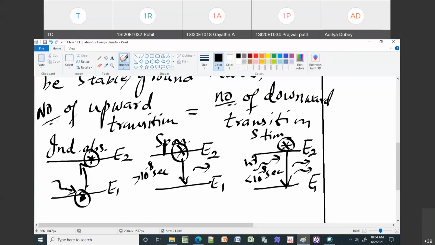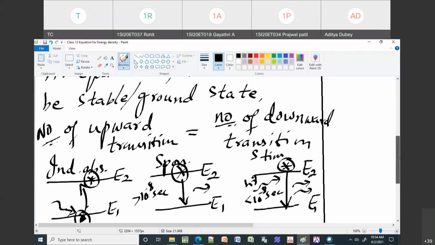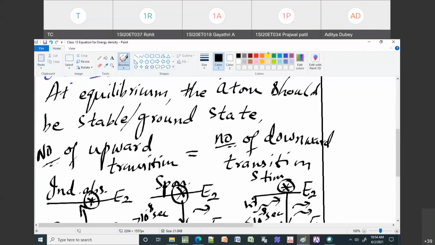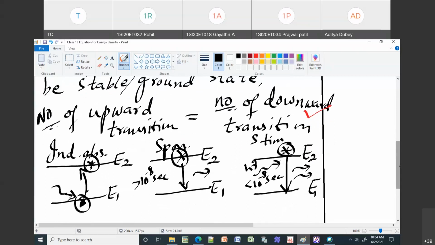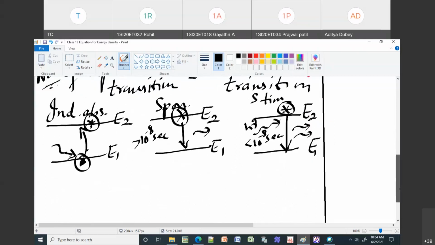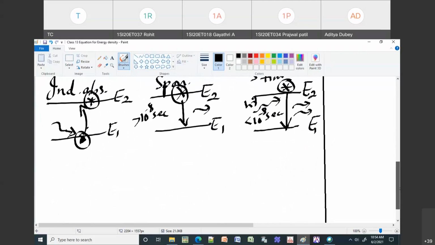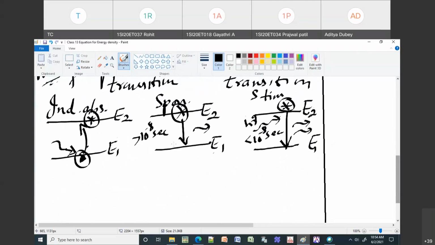Now if I want this equation which I wrote here to be valid, the condition is the number of upward transitions should be equal to the number of downward transitions. Which process is giving upward transition? Upward transition means the atom is going to the excited state or higher energy level.